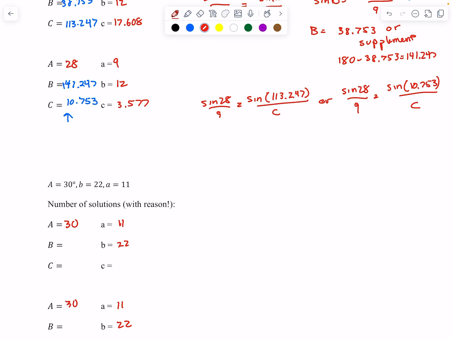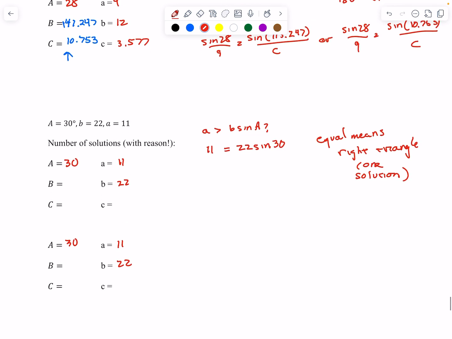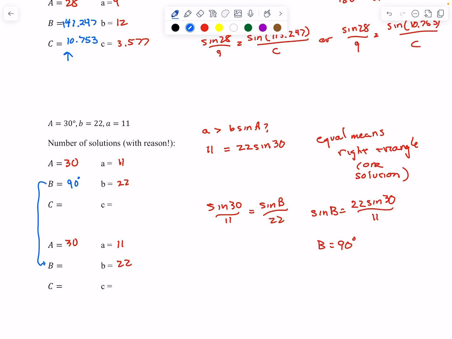So, okay, so if we set this up, so there's a reason there's just one solution: the supplement of 90 is 90.